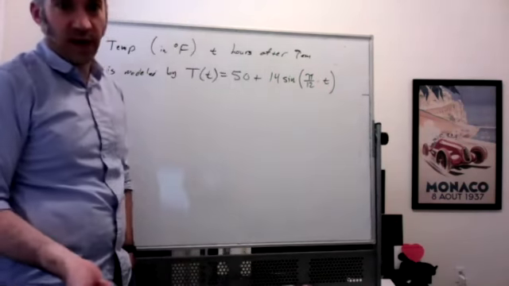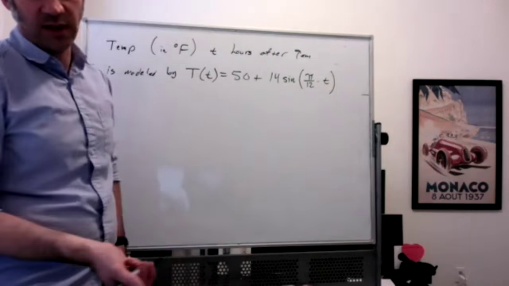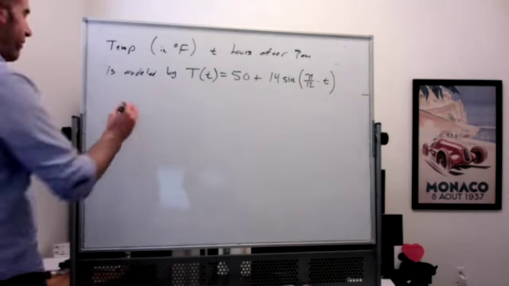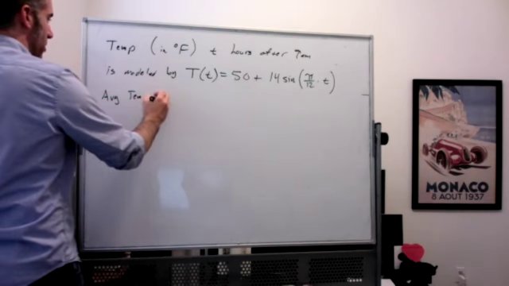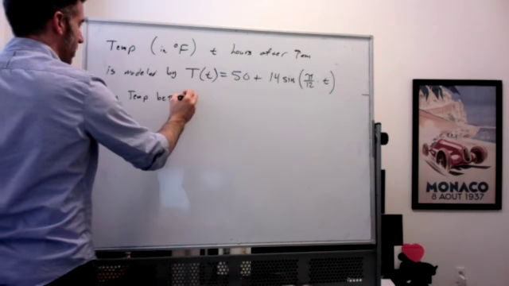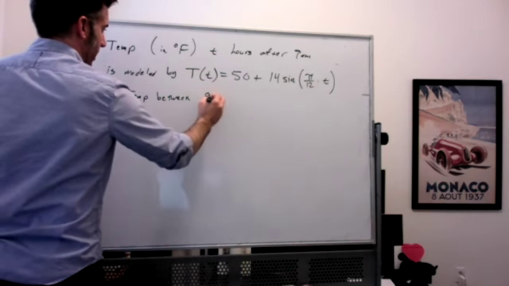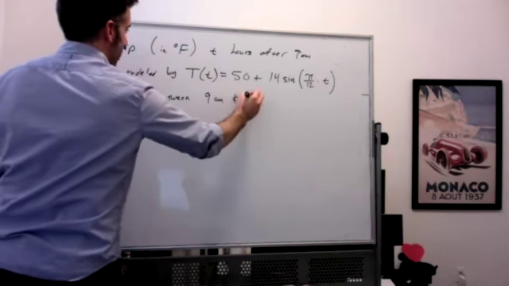You could also write that as pi t over 12, but I think this is a little bit easier to see. So find the average temperature between 9 a.m. and 9 p.m.